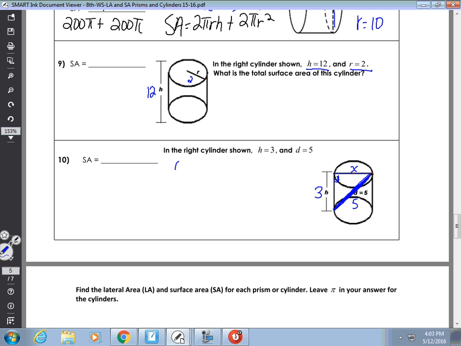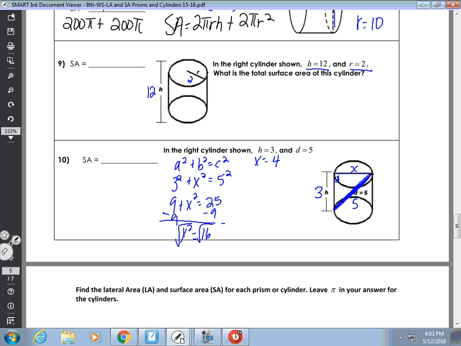So a squared plus b squared equals c squared. 3 squared plus x squared equals 5 squared. So this is 9 plus x squared equals 25. I'm going to subtract 9, and I get x squared equals 16. Then when I take the square root, I see x is 4.